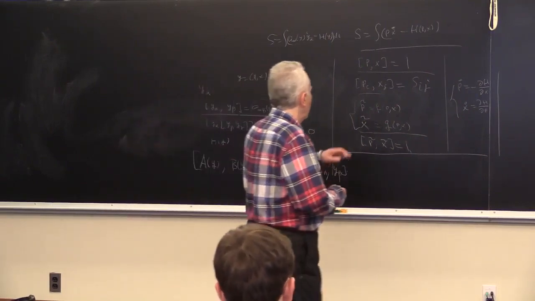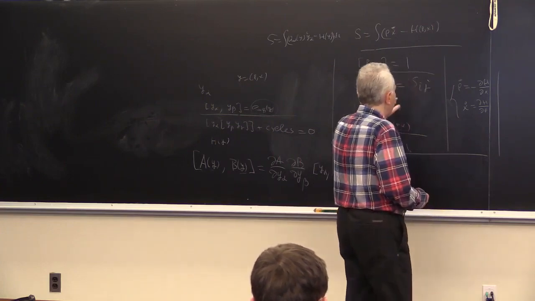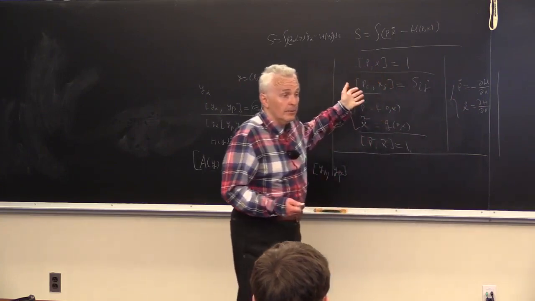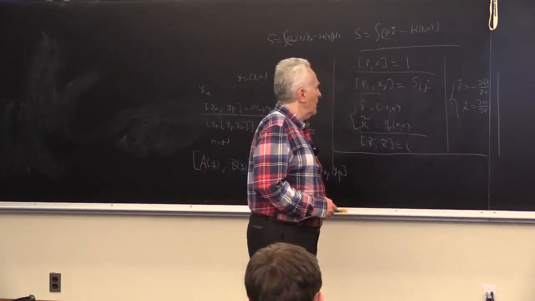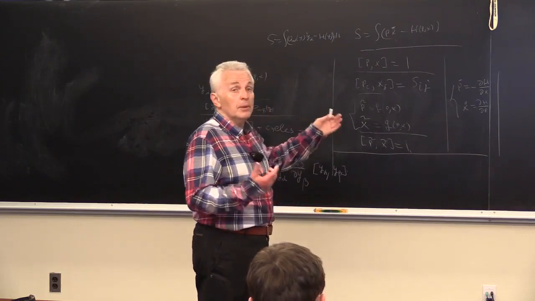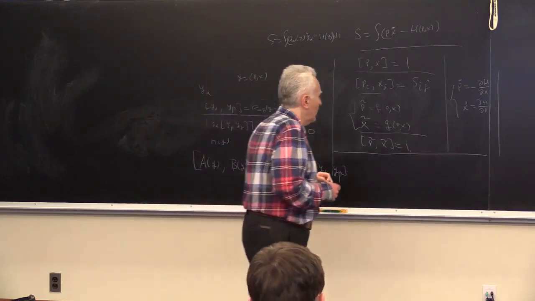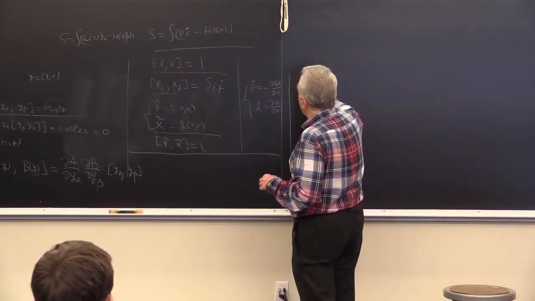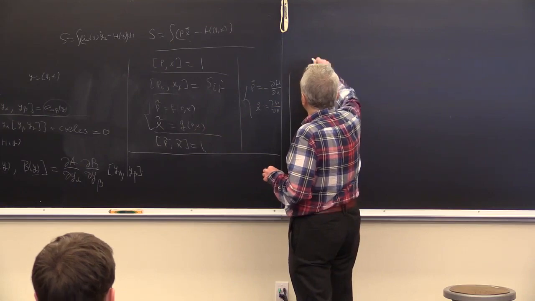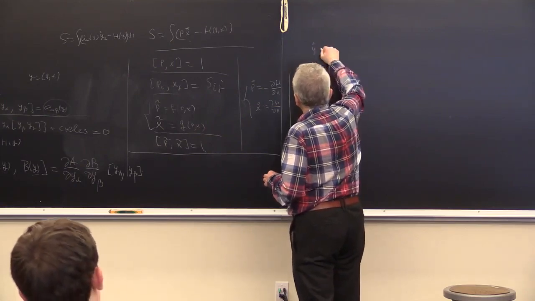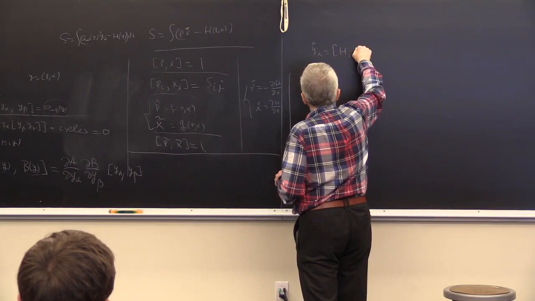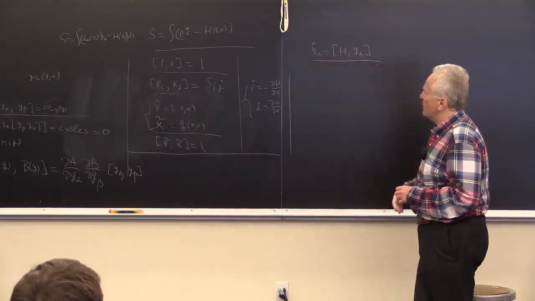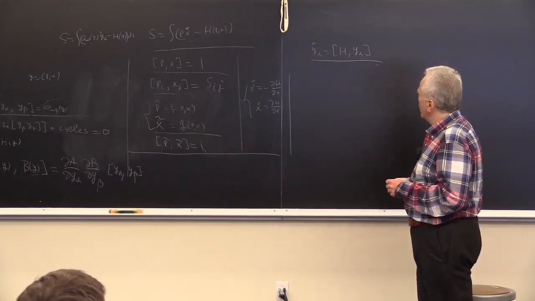I now want to change variables, or I can write down tildes here and go back to the original variables. That doesn't matter. So what will be the form of the Hamilton equation? I want to remind you that the general Hamiltonian equation is that you have the commutator, or Poisson brackets, that somehow is interchangeable.